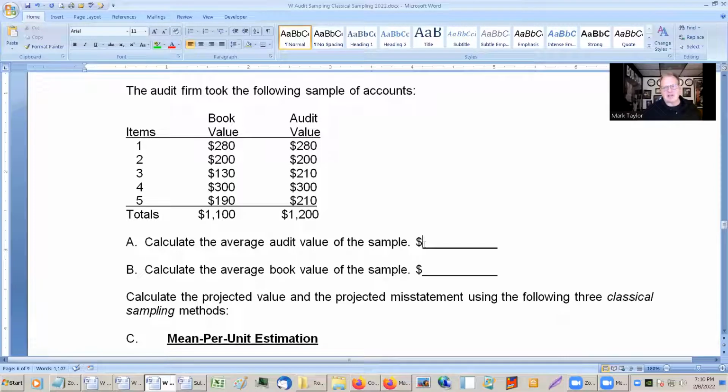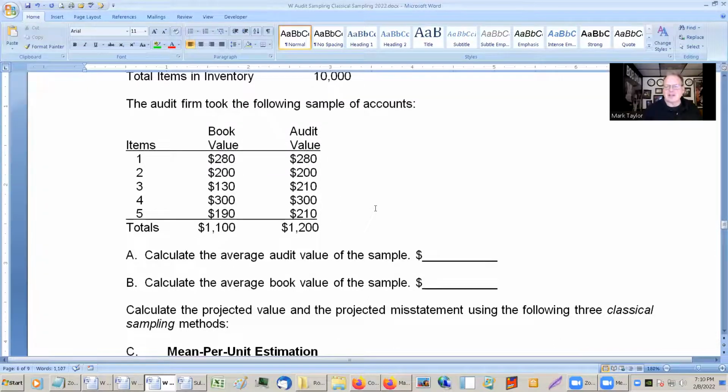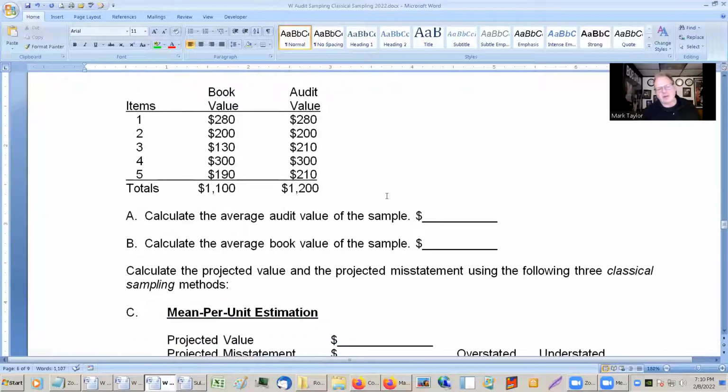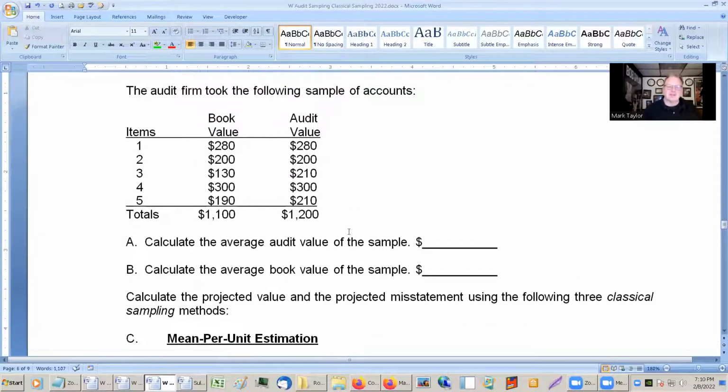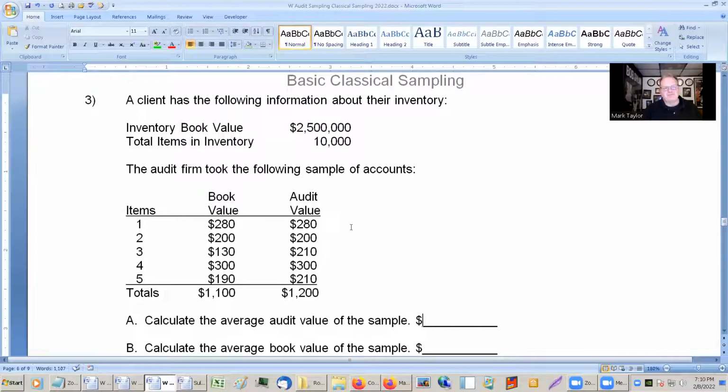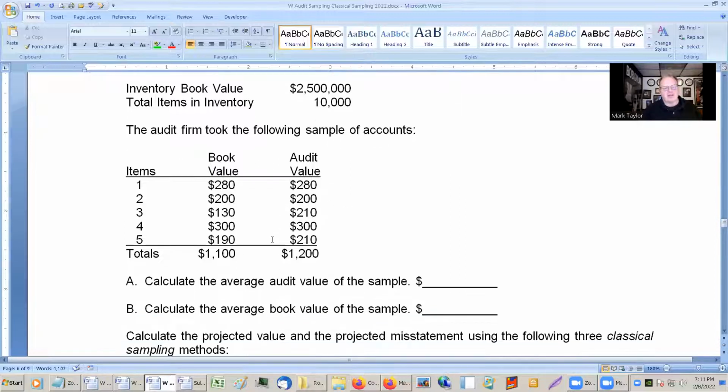A lot of times they'll give you a scenario: here's the sample we picked, and come up with a projected value or a projected misstatement, or whatever they want to ask. Okay, so problem number 3. Average audit value.